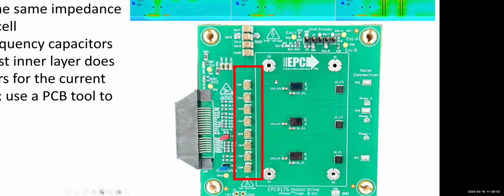So it's just making the copper more solid. It's not interrupting other layers. The big difference between the motor drive inverter and the DC-DC converter is that we are not using a return layer in the first inner layer, because simply we don't have capacitors on the top. So it is not increasing the inductance.